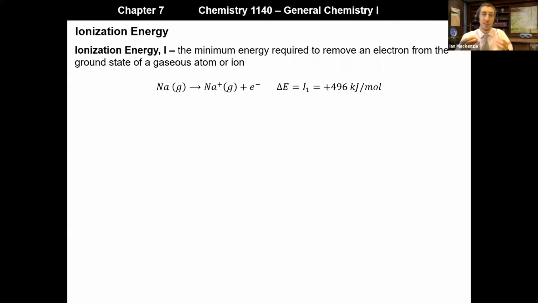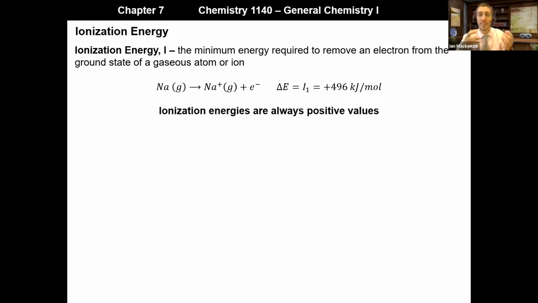And that leads us to a second really important definition here: ionization energies, removing electrons from atoms or ions, are always positive values. We can think about the ionization process as simply promoting an electron to a really high energy level such that it's completely removed from the atom.